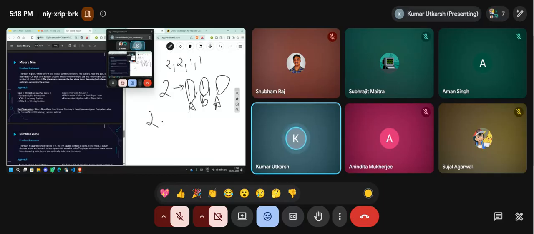there are again 2, 2, 1, 1. If A picks 1, B will pick 2. Then the remaining values will be 1, 1, 1, right?